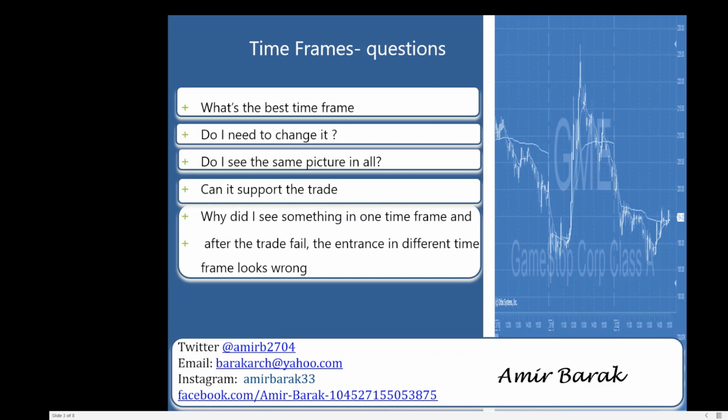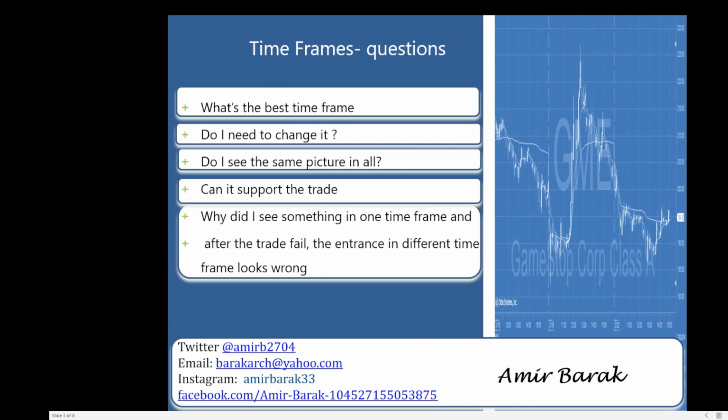Do I see the same picture in all time frames? If I'm using the 1 minute, the 2, the 15, if I'm using it on Snap, or on one of the examples that you're going to see me giving you, a spready one, how do you deal with that?